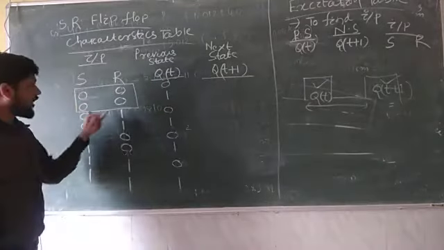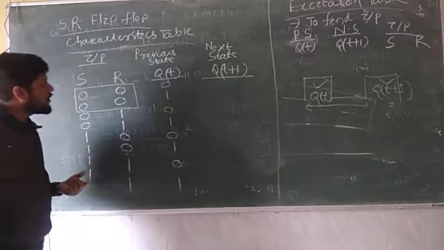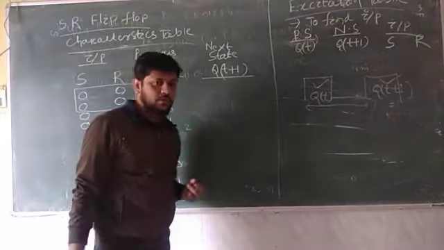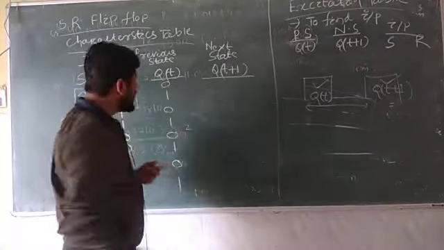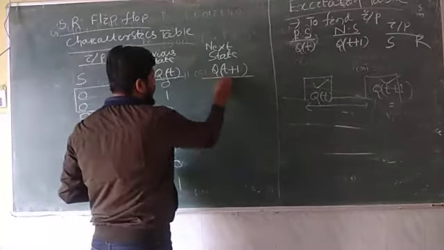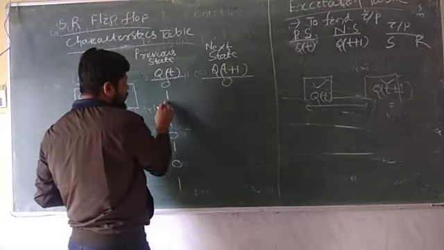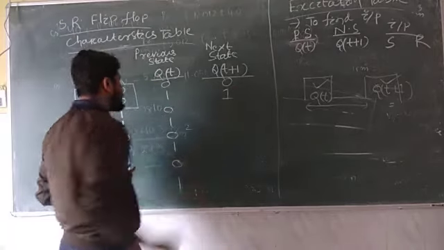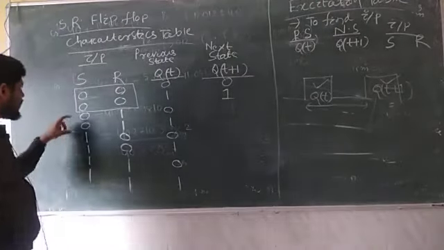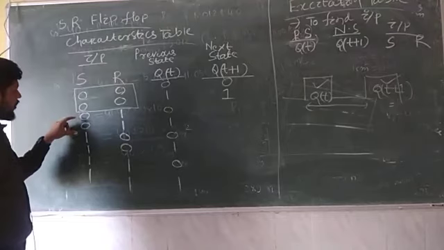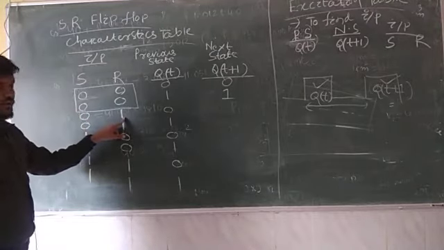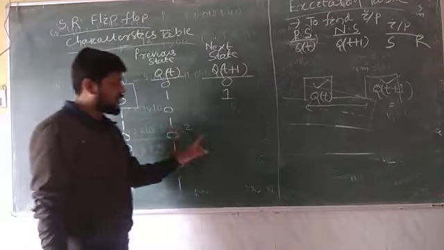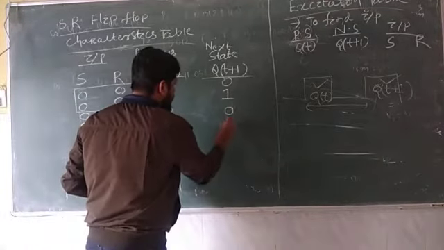So when S and R are both 0 0, what will happen? The next state will act like a memory. Memory means it will retain the previous state, whatever it is. For this case the previous state is 0, that's why this is 0. For this case the previous state is 1, that's why this is 1. Then, as I have already explained, when S is 0 and R is 1, whatever the previous state may be, the next state will be 0.